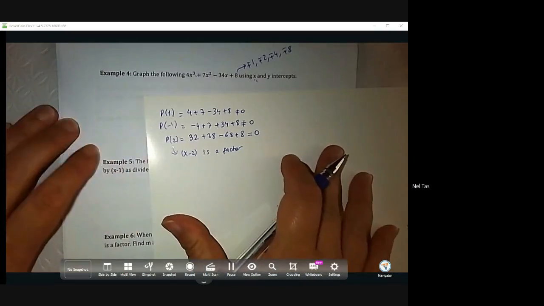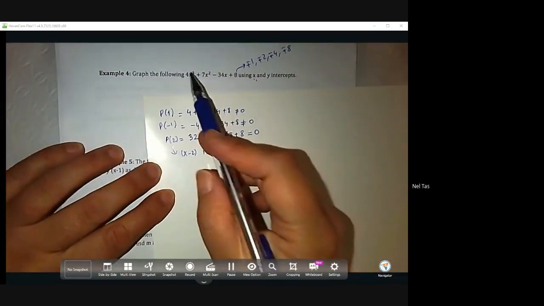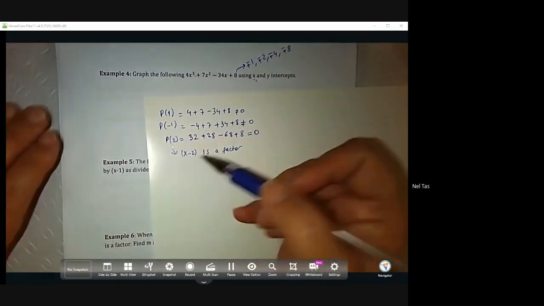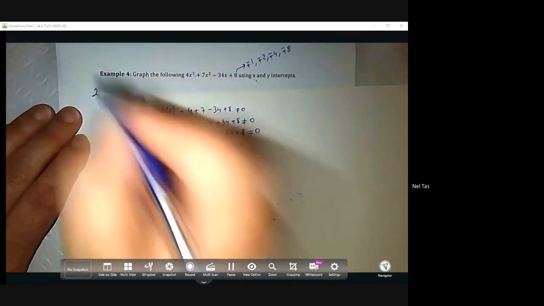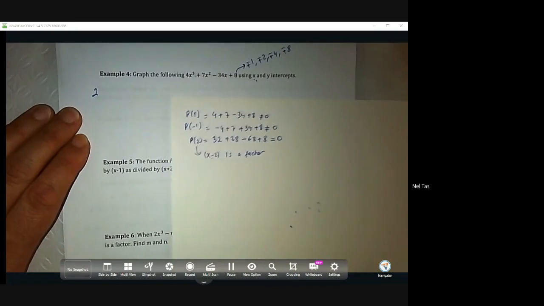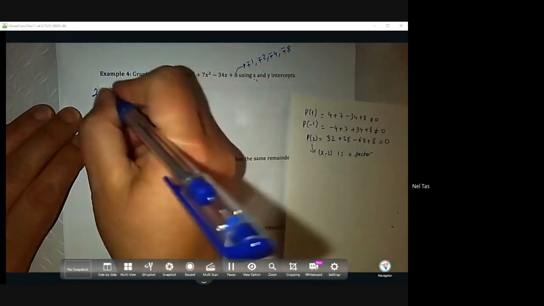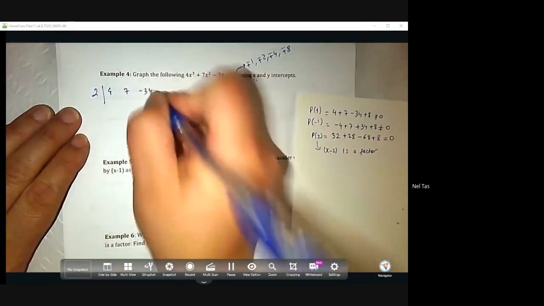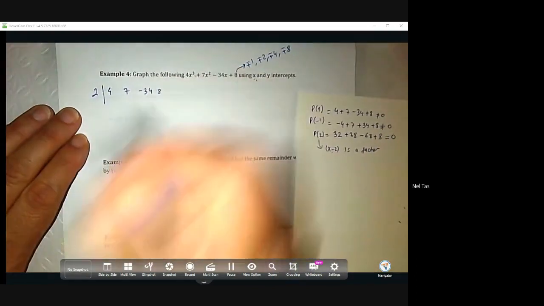Now we are going to divide this polynomial by x minus 2. Again, I'm going to use synthetic division. 2 on the left, because x minus 2, if you make it equal to 0, you get x equals 2. Now, let's look at the coefficients of this. 4, 7, negative 34, and 8.